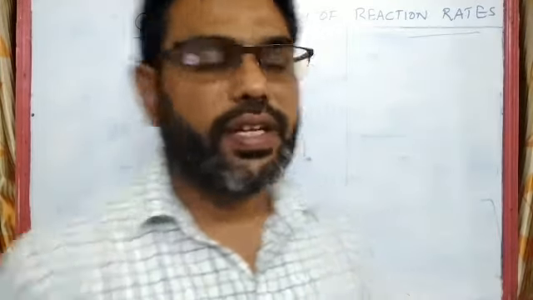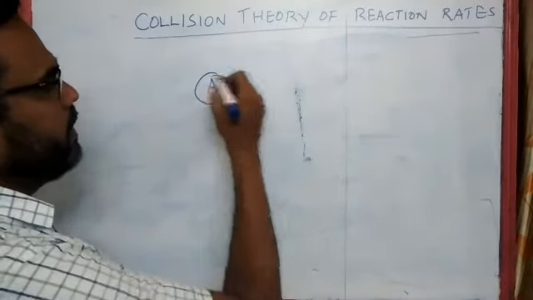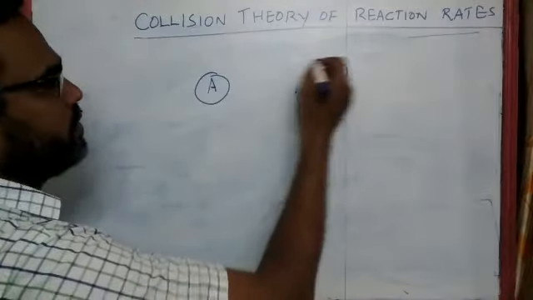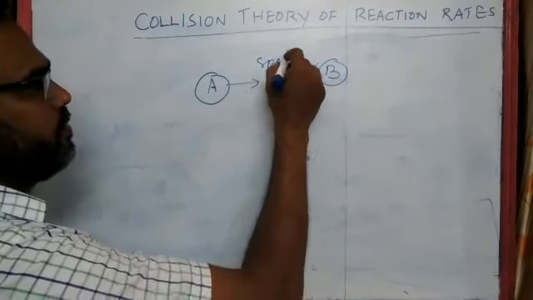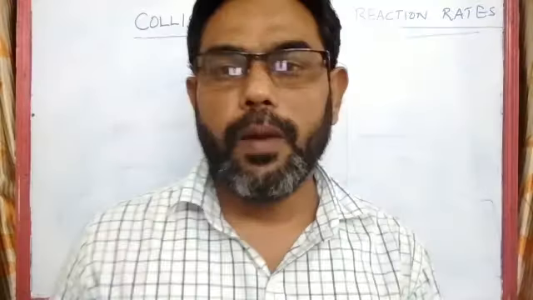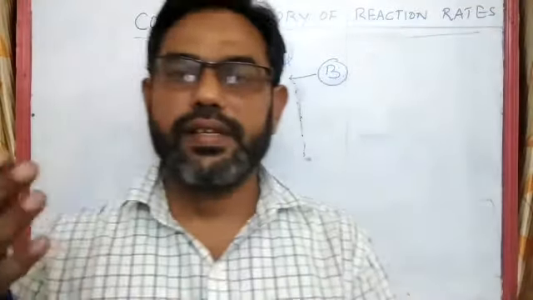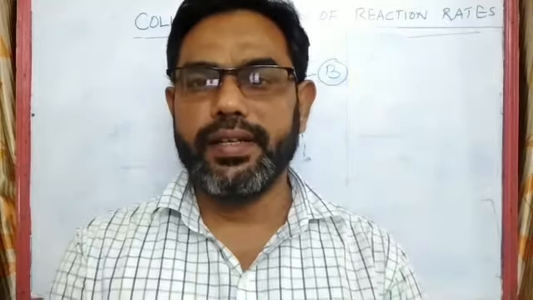So, for an effective collision, the molecule must collide with the appropriate speed. The first factor is the molecule with appropriate speed, in the sense the molecule with definite or appropriate kinetic energy.